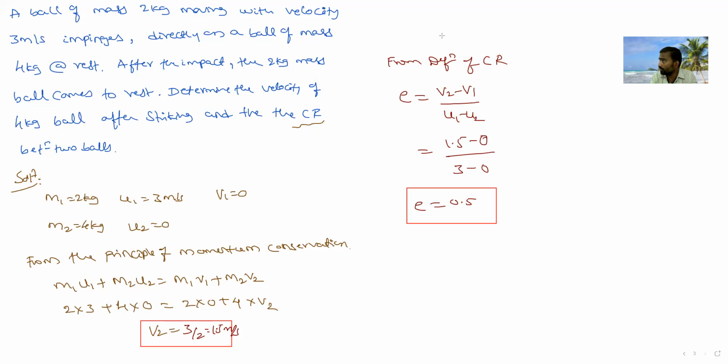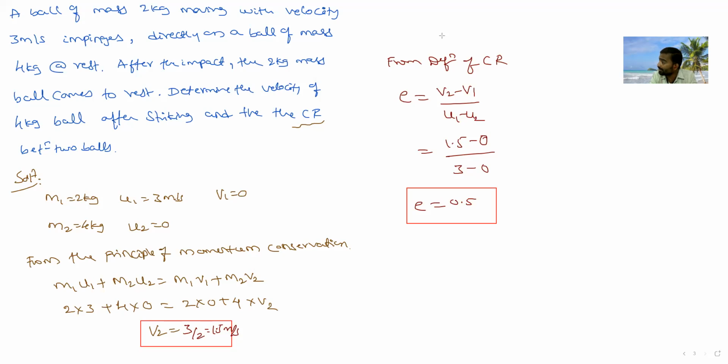These types of problems you can expect in your MCQ. They may ask about the range for the coefficient of restitution: it lies between 0 and 1. They may also ask whether it can be a negative value, or less than 0. You should remember it is 0 to 1, and when it is 0 and when it is 1.